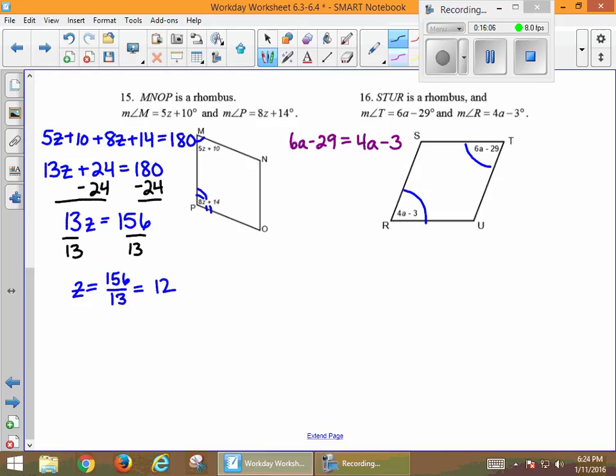I'll get my A's on the same side by subtracting 4A on both sides. So 6A minus 4A is 2A. Oh, 2A minus 29 equals negative 3.